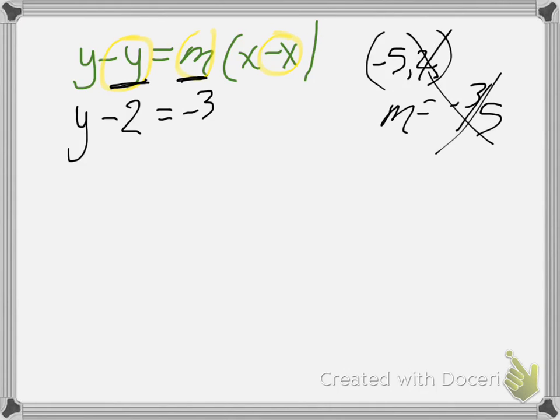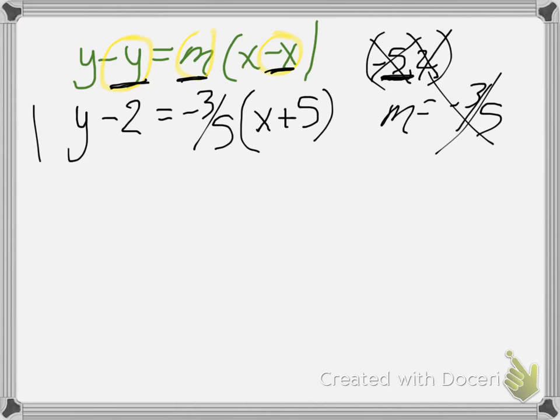Then I'm going to have an x, and then it says minus x, and I'm going to put in a -5. Those two negatives are going to cancel out and make +5. You can actually leave your equation this way. If you wanted to, you could keep going and simplify this equation and solve for y.